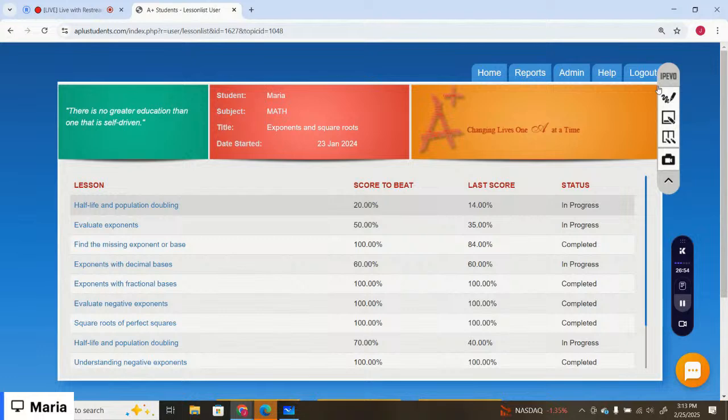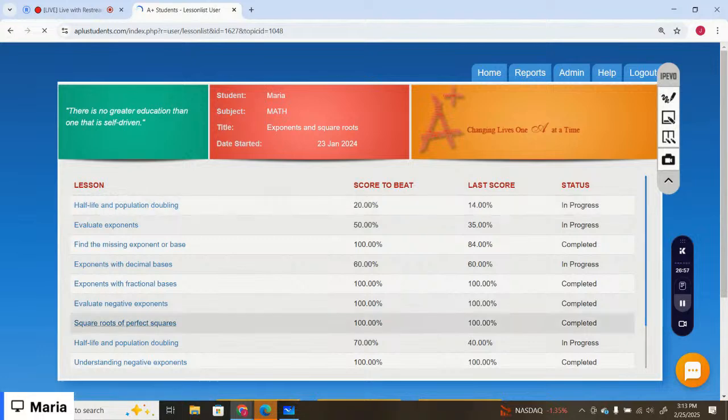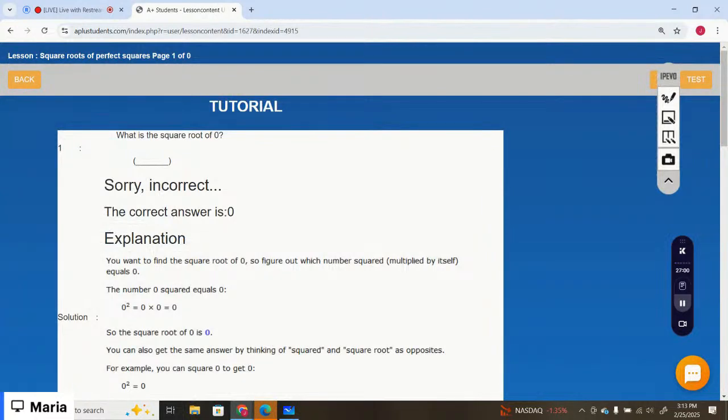The next lesson is square roots of perfect squares. What is the square root of 0?